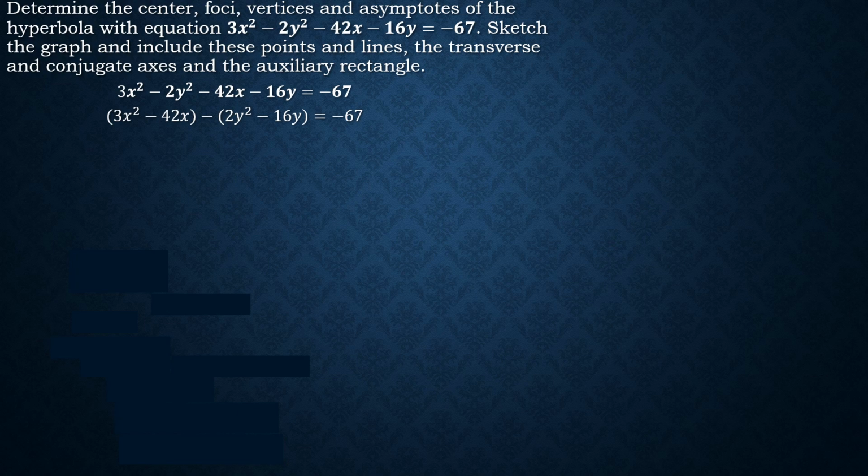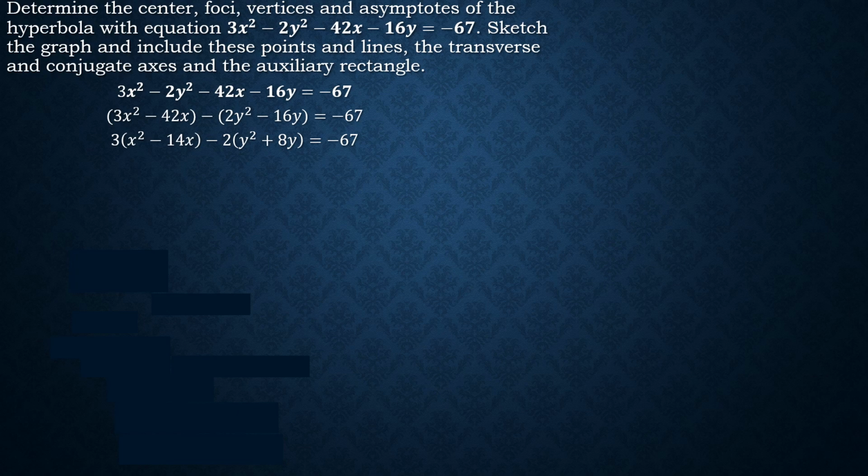So, it becomes 3 times the quantity x squared minus 14x, and then we factored out negative 2. What's left inside is y squared, and then negative 16 divided by negative 2, which becomes positive, so plus 8y equals negative 67.